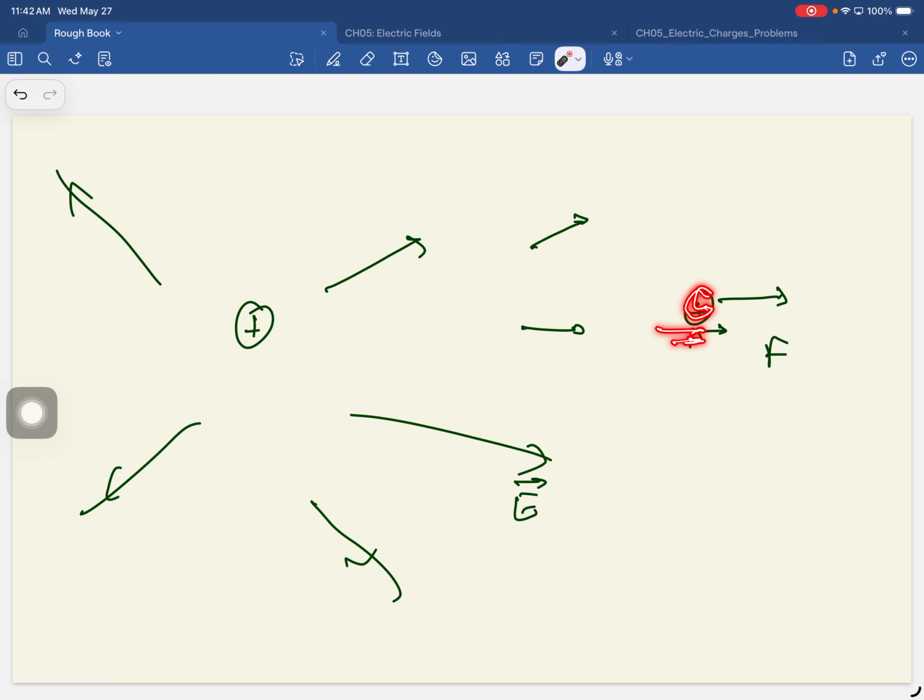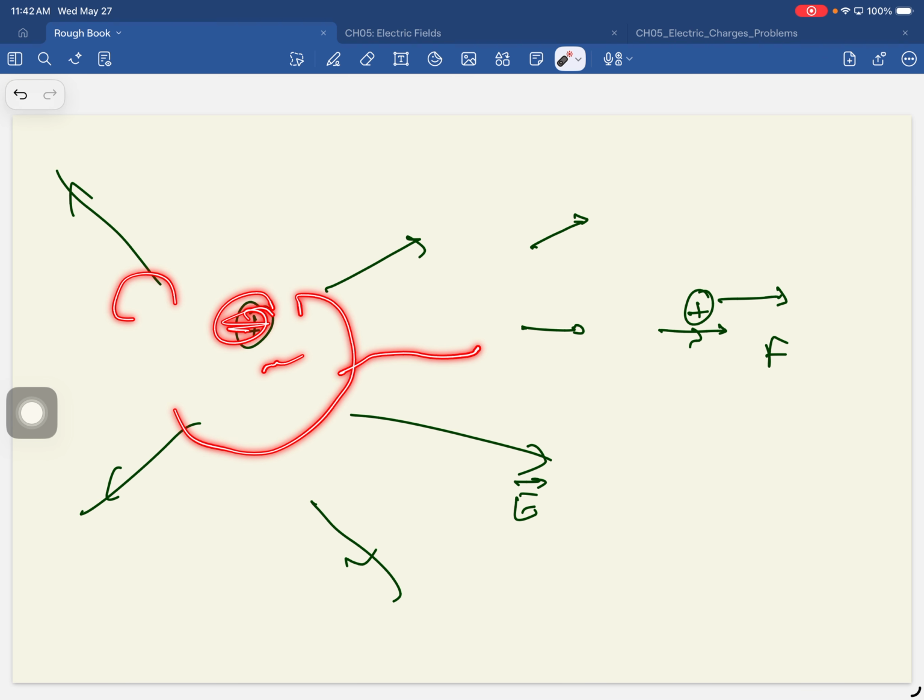All he's doing is responding to this electric field. So when you jiggle him, what happened? When you jiggled him, this electric field changed, and the change in the electric field traveled at the speed of light. So that's the simplified picture.